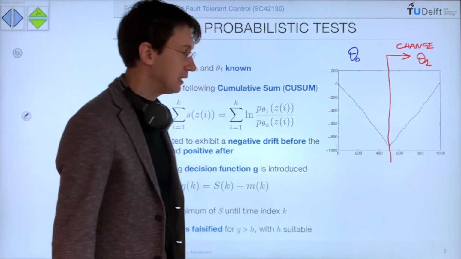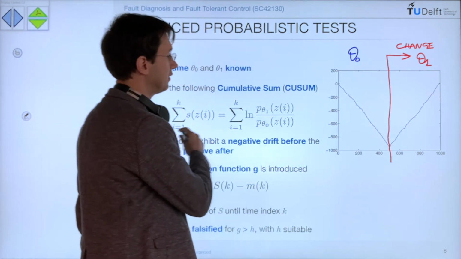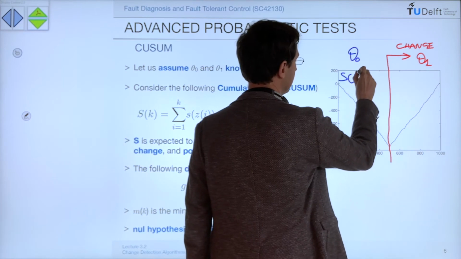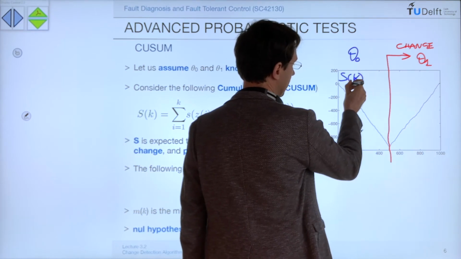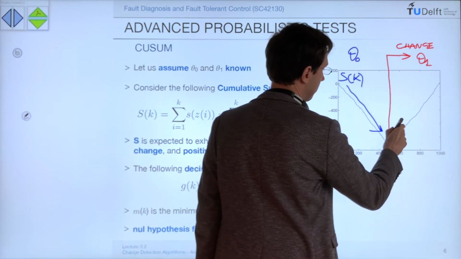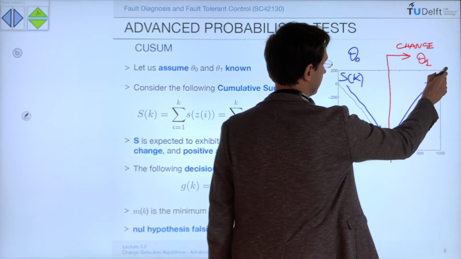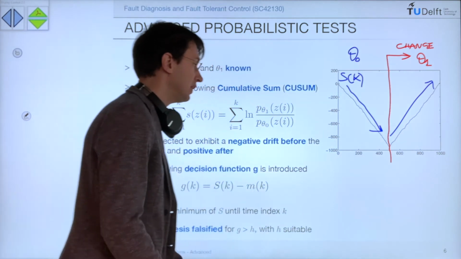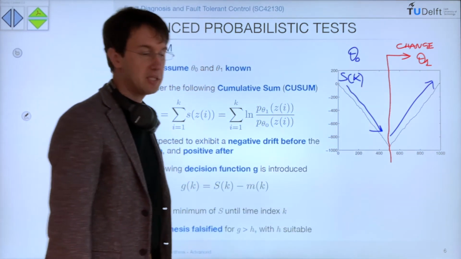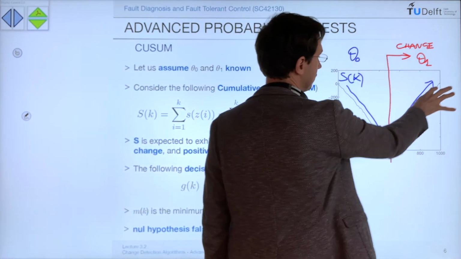What we expect is that the cumulative sum S, capital S of k, is going down here and up here. Indeed, because here we are adding negative terms to the sum, and here we add positive terms to the sum.